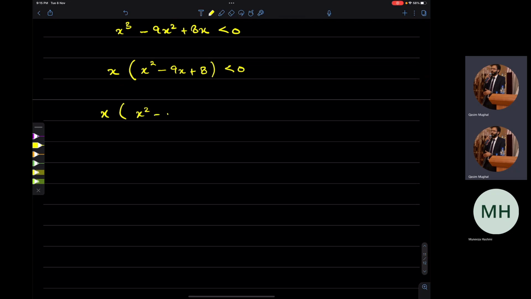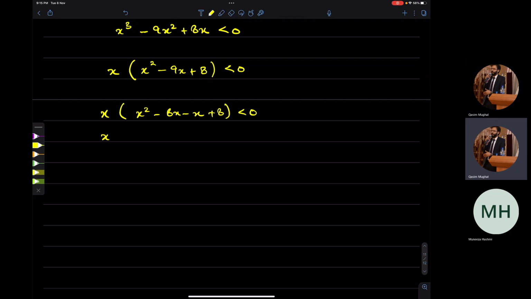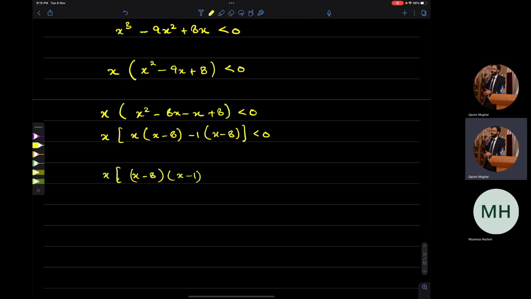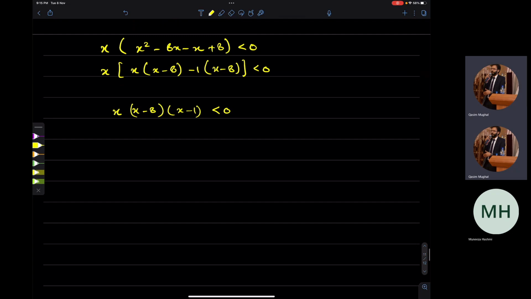So x squared minus 8x minus x plus 8, x common, and then x minus 8, minus 1 common, and then x minus 8. So x, x minus 8, x minus 1 is less than 0.